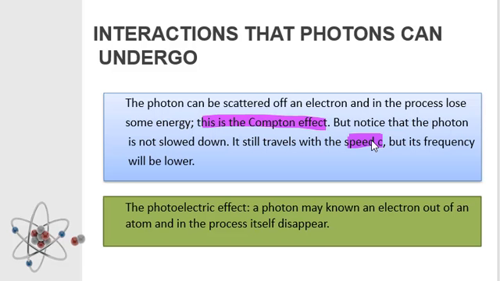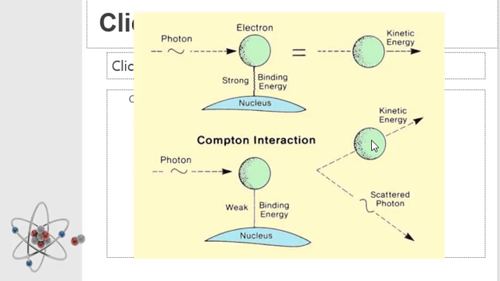Okay. Next is the photoelectric effect, where if you shine light on a surface, the photon can eject an electron out of the atom, and in the process, the photon itself disappears. That's another interaction. Here, this is the Compton interaction, which was explained earlier.